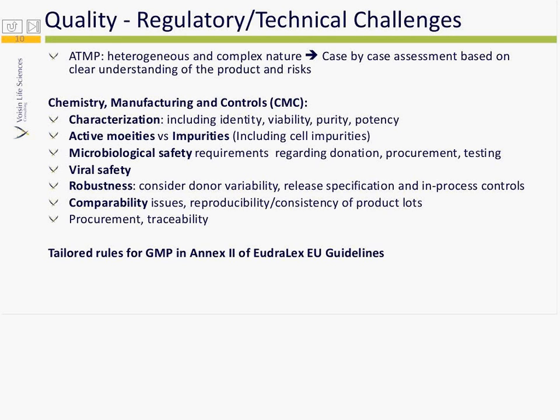And then there is robustness: you need to understand that each batch that you make is consistent, so that when the batches are tested in humans, in clinical trials, for example, and later in a commercial situation, the product itself is reproducible and replicative, so that the medicinal effect can be deduced back to the product in an effective way. And just one point, that GMP for these products is slightly different from normal medicinal products, and it's aligned in Annex 2 of the EU guidelines.